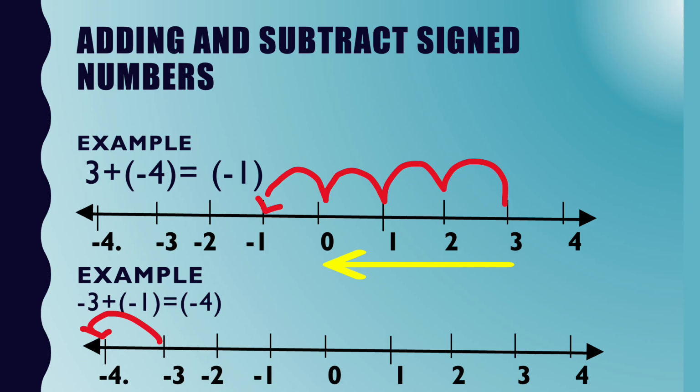As I said before, the sign tells which direction the number lies on the number line, right? So this is -4. From this number, because the minus always goes to the left side.